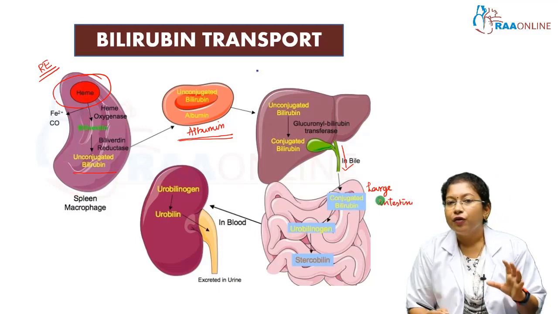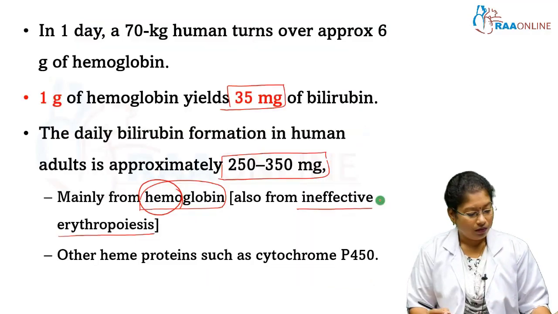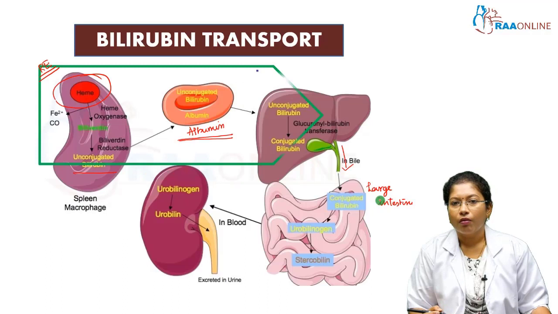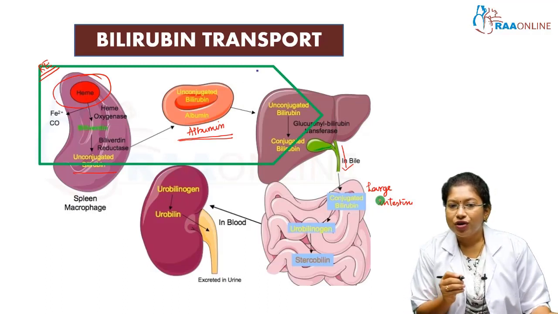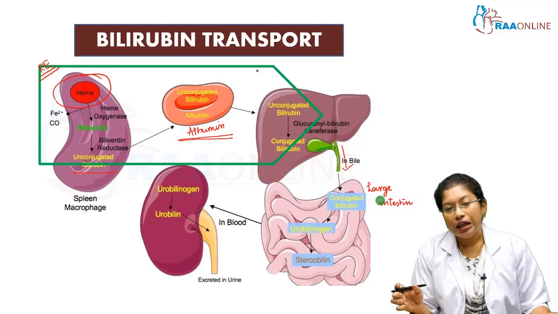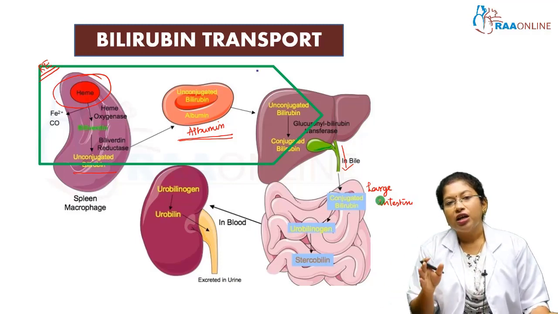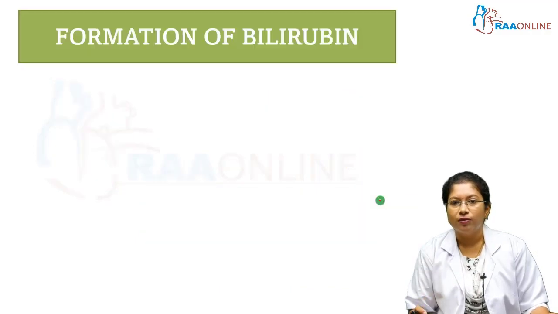So this is the fate of bilirubin. The bilirubin is transported from the reticuloendothelial cells to the liver for conjugation. After conjugation, it is secreted into the bile to the large intestine for its disposal.